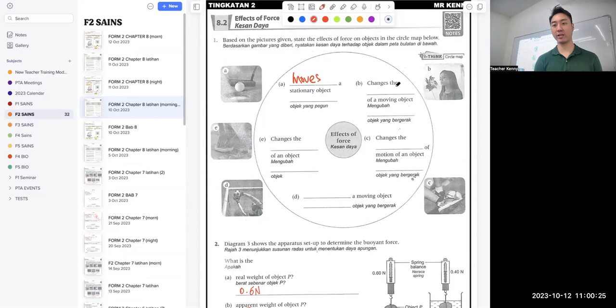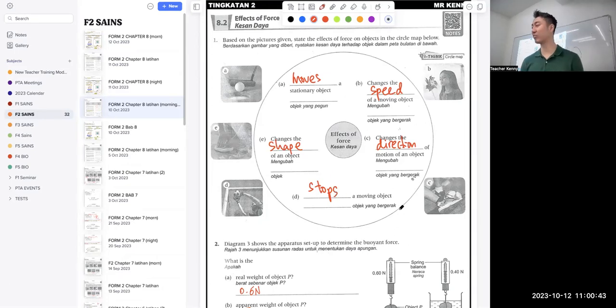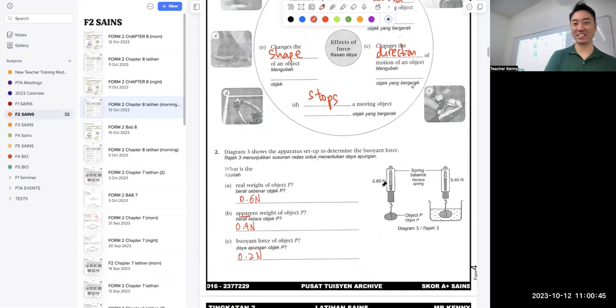A, moves a stationary object. B, speed. C, direction. Stopper. Shaper and sizer. Okay, can both. Okay, shape and size. In this case, it's shape.